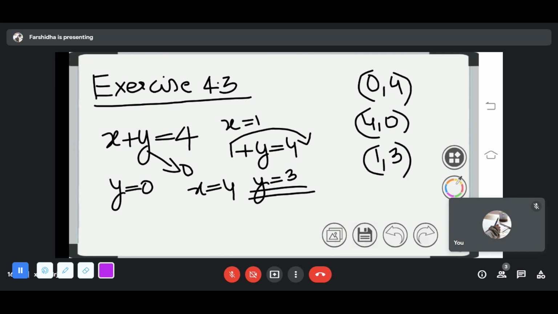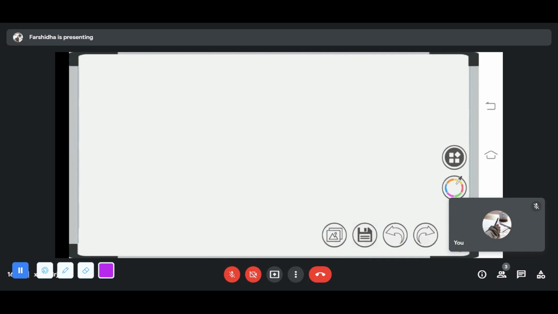Now plot it in the graph. (0, 4), (4, 0), (1, 3).